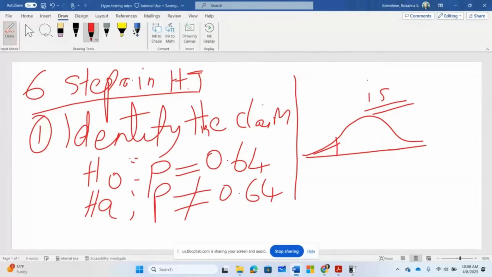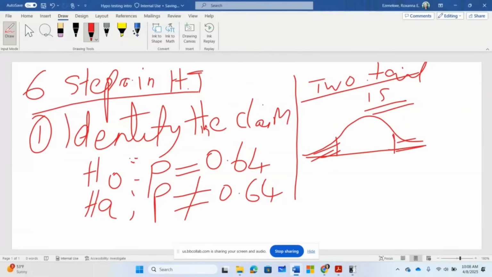You share the details, because actually not equal to means two tails. So this is two tails, because it's not equal to. So it means it can be greater on the right or less than.